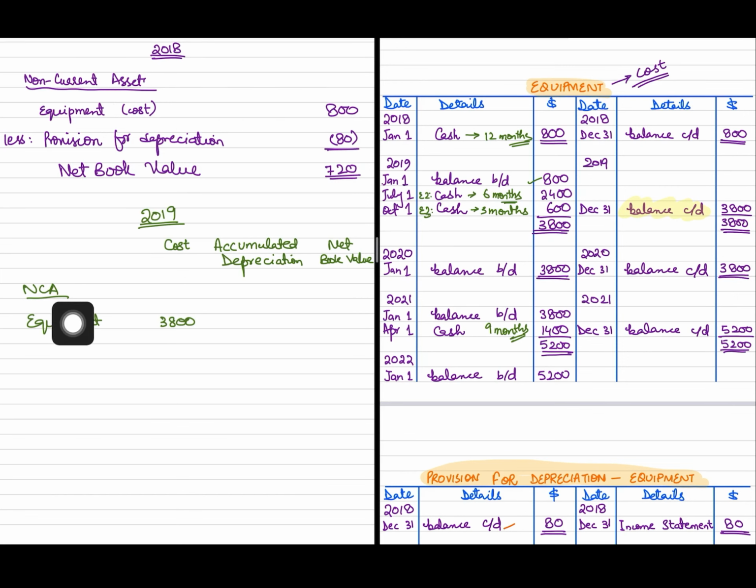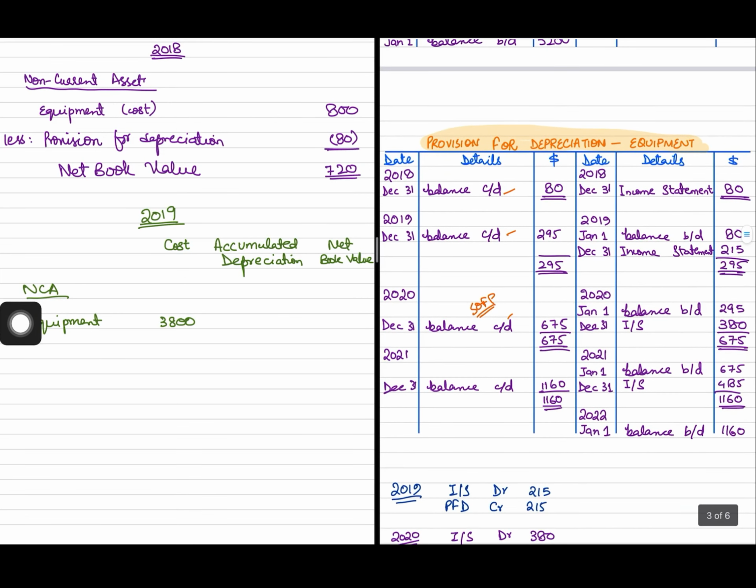Then in the second column we write the accumulated depreciation for that year, and that is 295, and then 3800 less 295 will give me a figure of 3505. You don't have to write the brackets as well, because it is implied that if you are following this format, of course you will be subtracting the depreciation from the cost, and then you will be arriving at your net book value. So this is the second format.